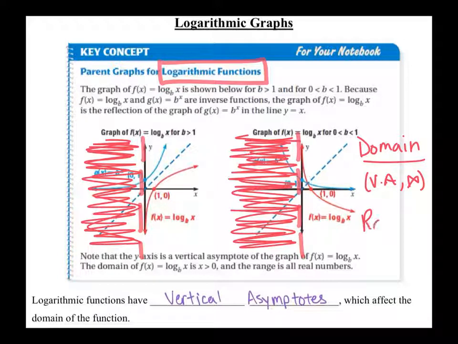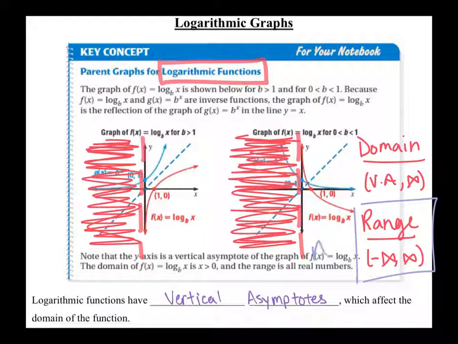And your range is always going to be negative to positive infinity for these. That makes sense, because for your exponential functions, it was the domain that was negative to positive infinity, and these are inverses, so that means the range is. That will always be the case here for your range: always negative to positive infinity.